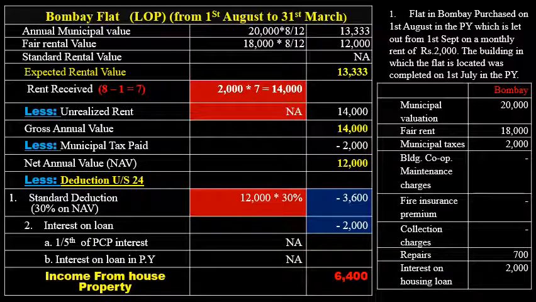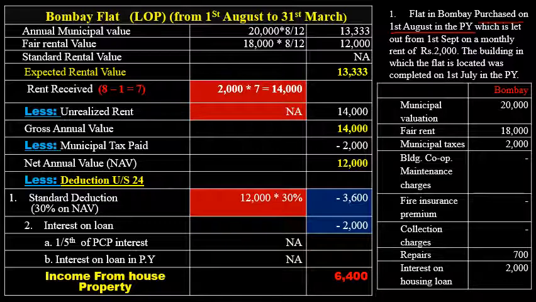So here there are three properties: Bombay flat, Delhi flat, and Godown at Kolkata. All the three properties were let out properties. Let me assess the first property, that is the Bombay flat. The Bombay flat is used by SSE from 1st August in the previous year, because SSE purchased it in the month of August in the previous year.